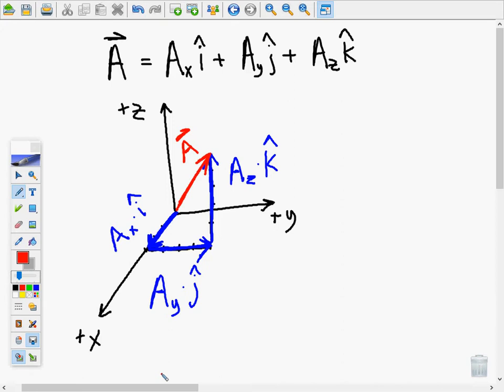Since all three of these were positive coordinates, it might not look like the longest in my diagram, but if it was actually drawn to three-dimensional scale, it would be the longest. So by knowing what a sub x, a sub y, and a sub z are, I could describe vector A in this three-dimensional space. And those, of course, are known as rectangular coordinates.